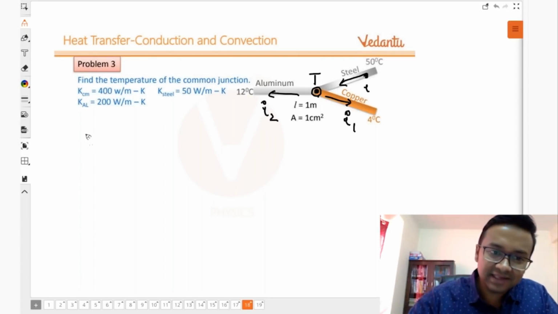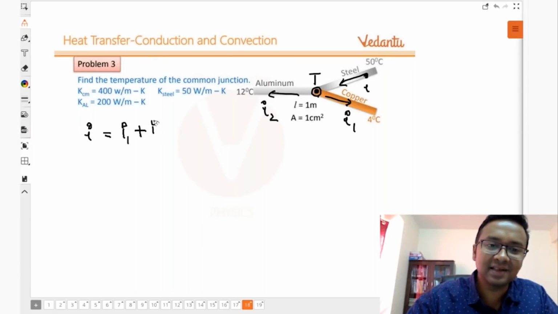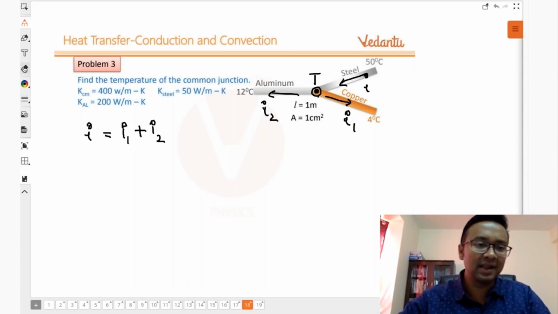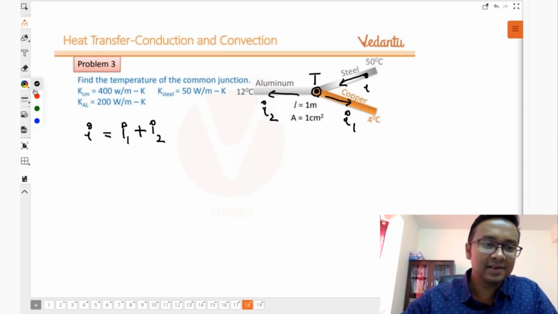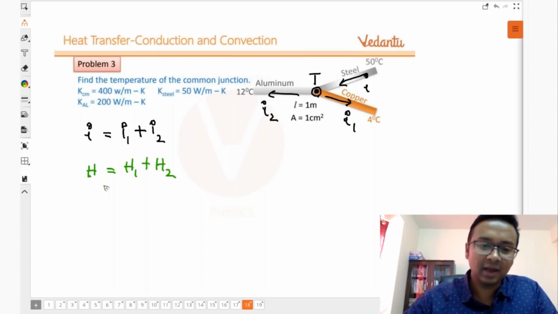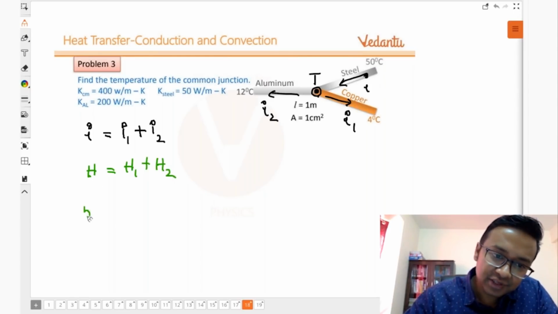Then the concept here is very simple, that is, I is equal to I1 plus I2. Now here, my dear students, this is heat current, so we are simply replacing them by H is equal to H1 plus H2. Now what is H? H is 50 minus T.